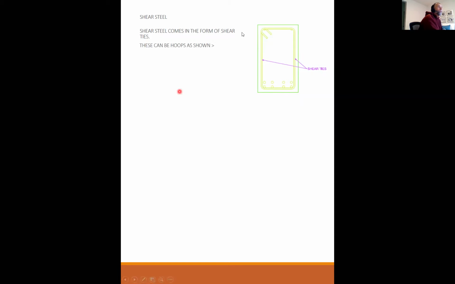They can be hoops as shown, or they can be U-bars. A U-bar would have just the shape of a U with some hooks on the top, like that. So the steel is orientated vertically and it wraps around the flexural steel.